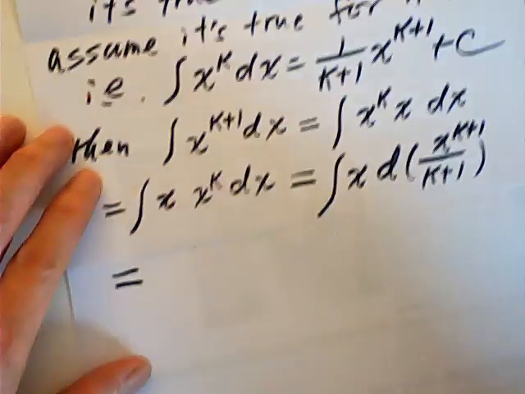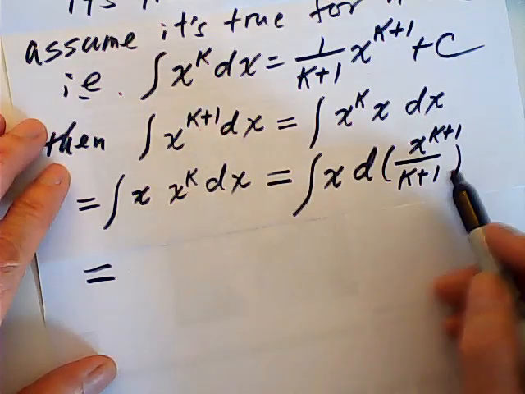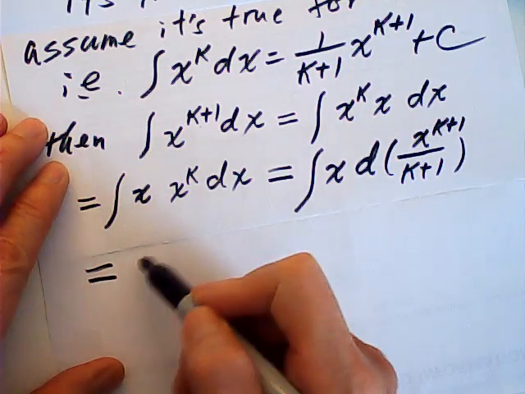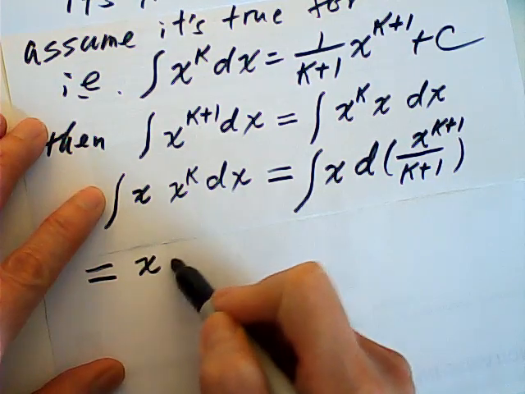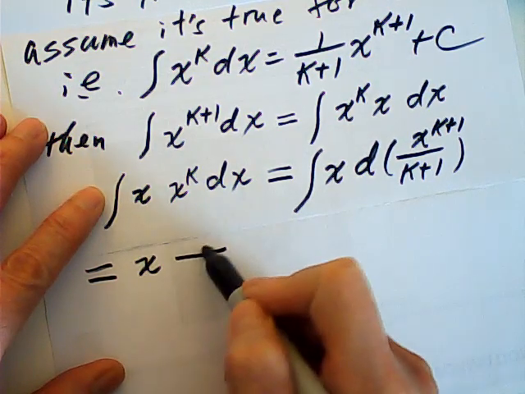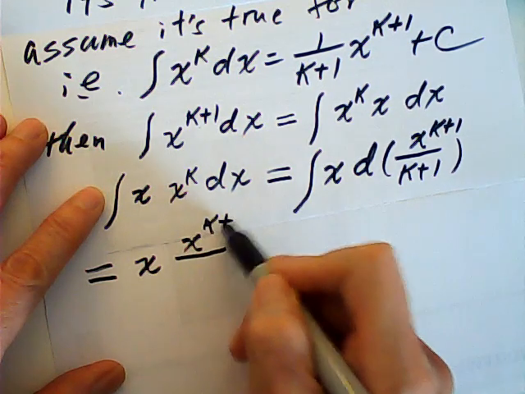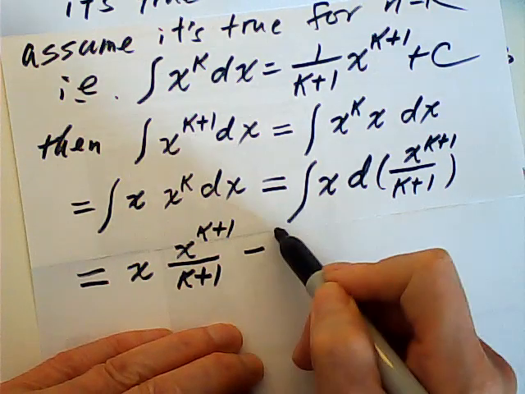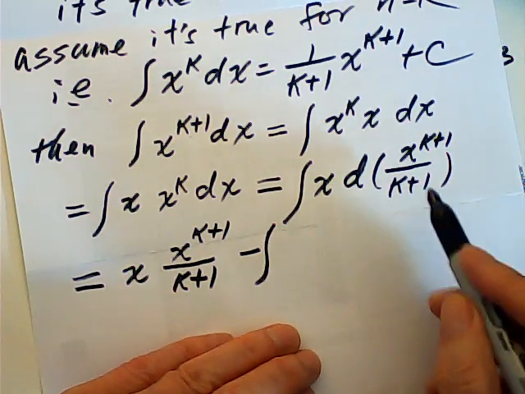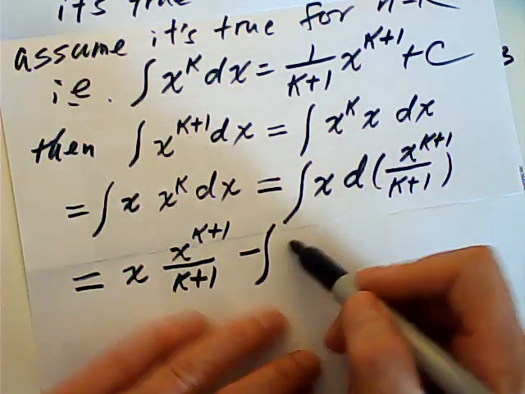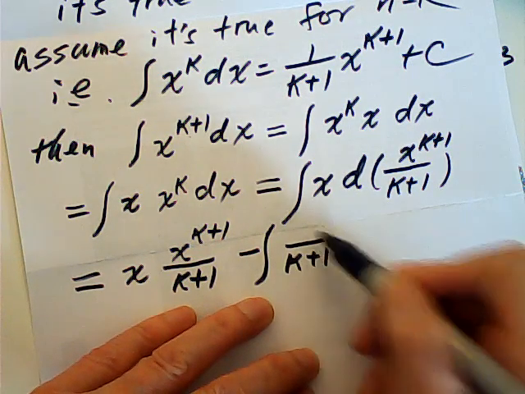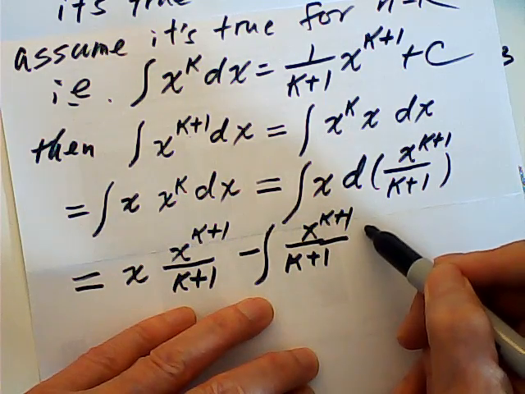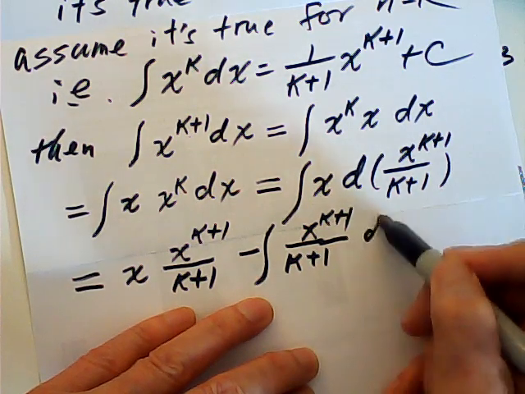So we can use integration by parts, right? This is u, this is v. The integral of u dv is equal to u times v, this is this, 1 over k plus 1, minus the integral of v du. v is this, x to the power of k plus 1 over k plus 1, times du. du is dx.